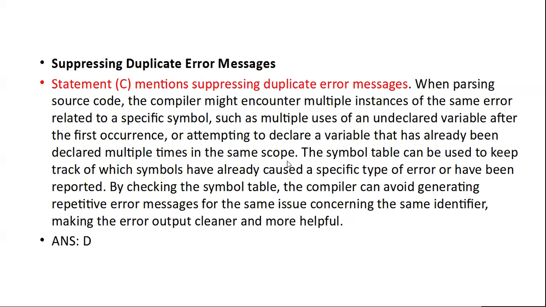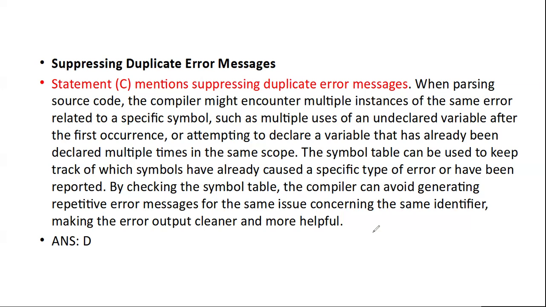The symbol table can be used to keep track of which symbols have already caused a specific type of error or have been reported. By checking the symbol table, the compiler can avoid generating repetitive error messages for the same issue concerning the same identifier, making the error output cleaner and more helpful.